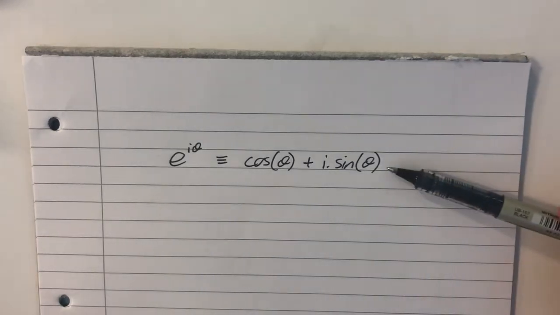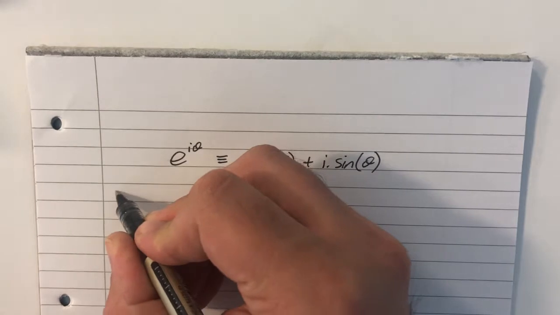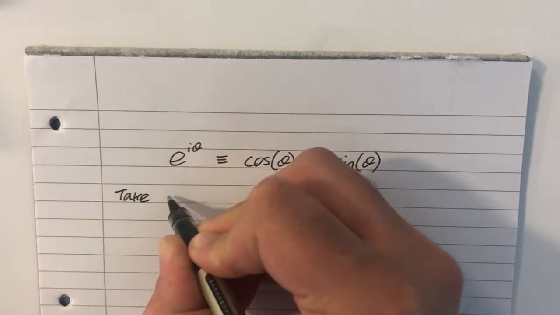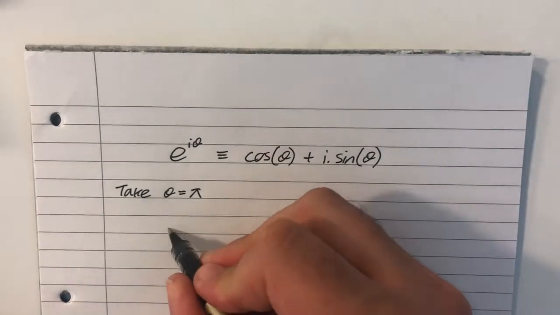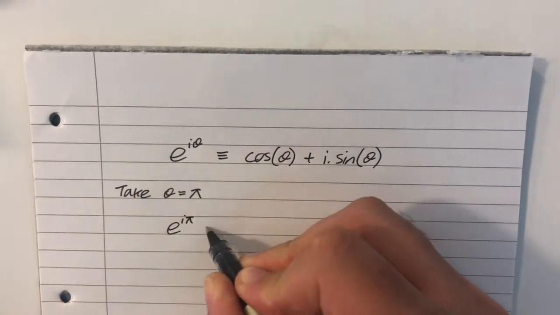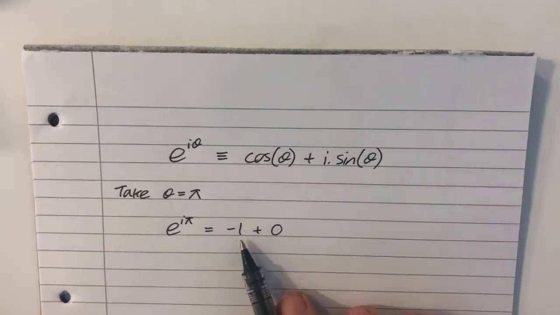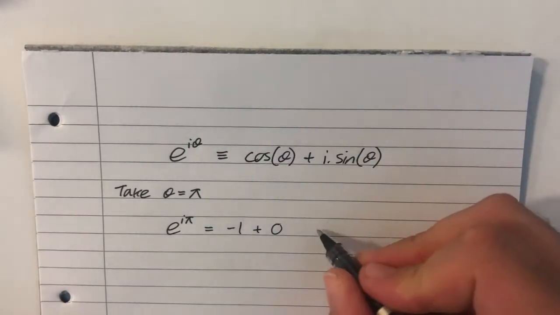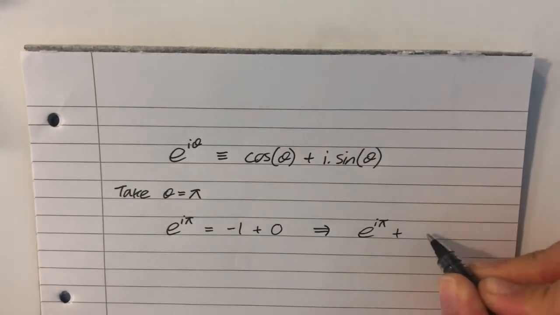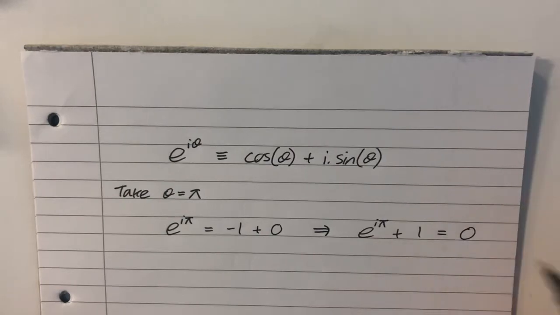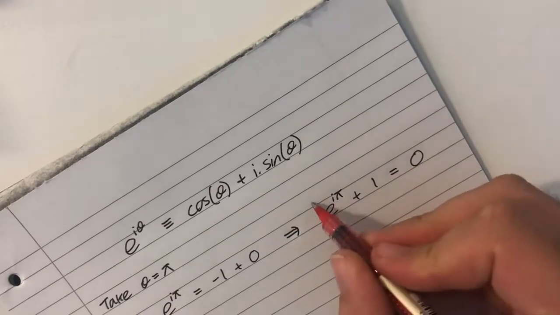If I substitute in theta is pi, I end up with a very special identity referred to as Euler's identity. So I get e to the i pi equals minus 1 plus 0. Cos of pi is minus 1, sine of pi is 0. So that gives me that e to the i pi plus 1 equals 0. And this is a very famous mathematical identity referred to as Euler's identity.